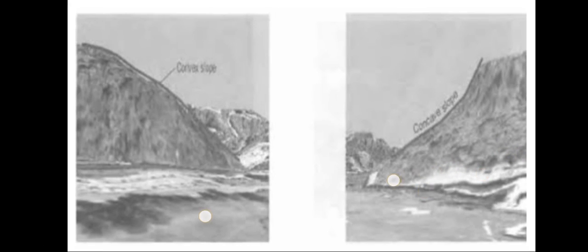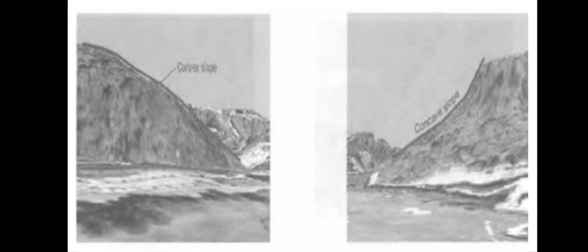Got it? A convex slope is steep at the bottom and flattens at the top. A concave slope is gentle at the bottom and steep near the top.